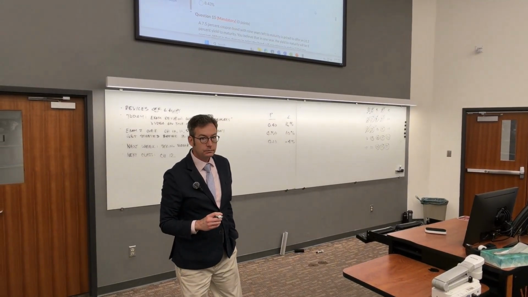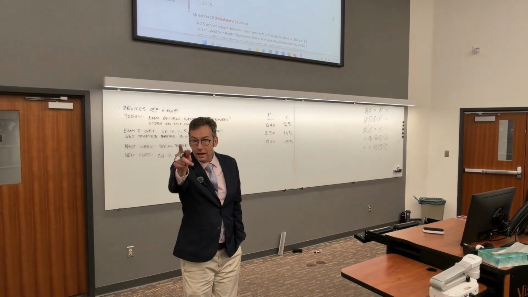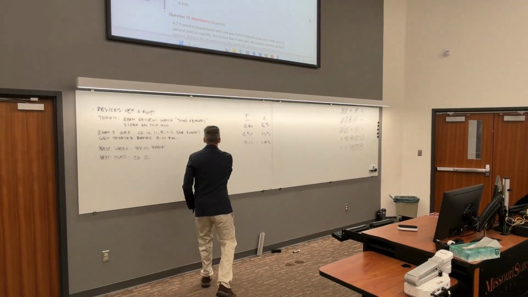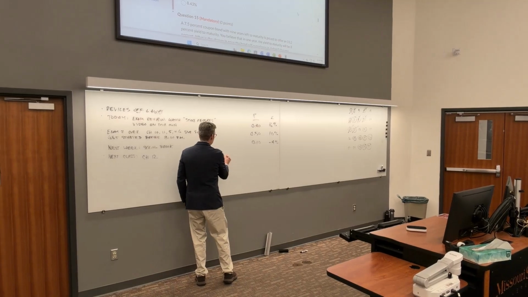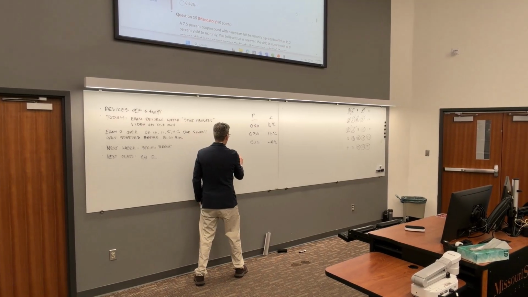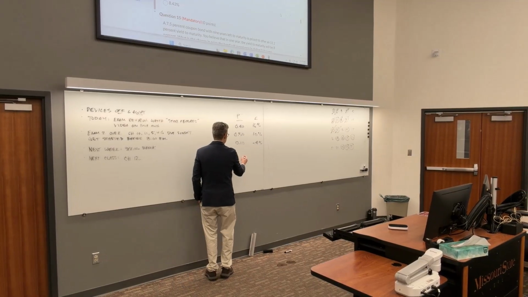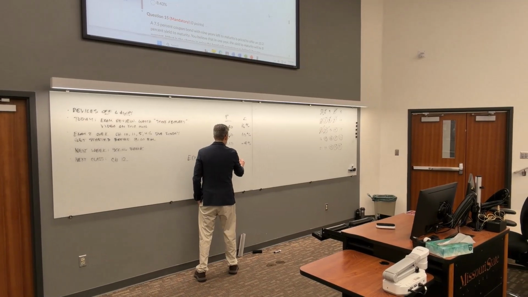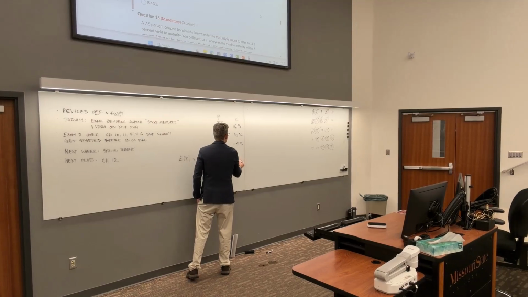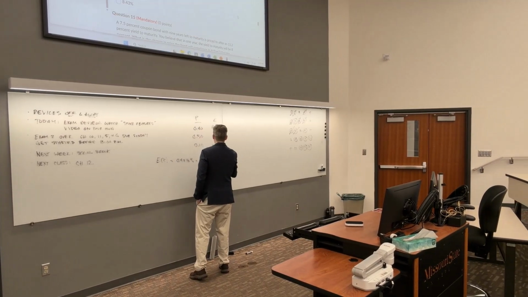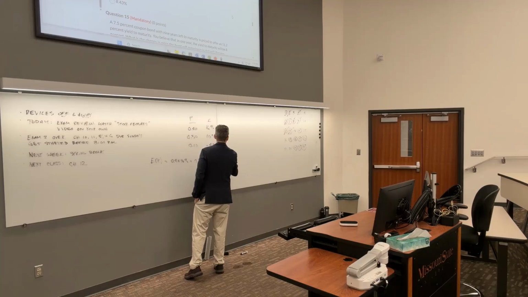Find the expected return. Expected return here is going to be 0.4 times 16% plus 0.5 times 10% minus 0.10 times 4%.